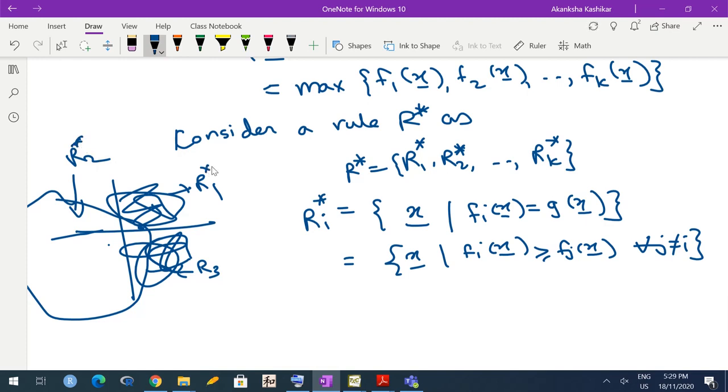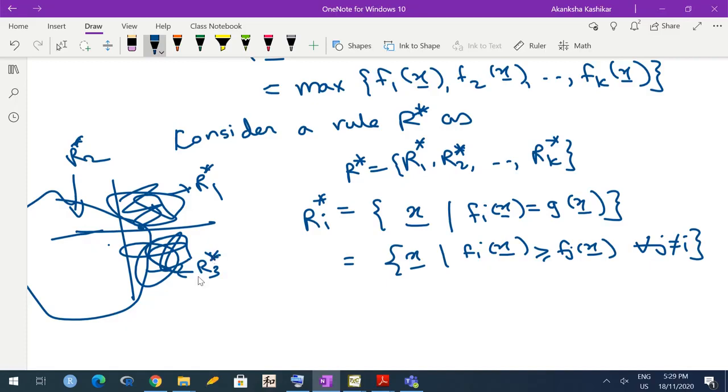All these with stars. So basically Ri star is that region of Rp in which the PDF corresponding to the ith population has the highest value. Are you following me? The notation is slightly tedious, but the concept is pretty intuitive. So please try to listen again and it should be clear.